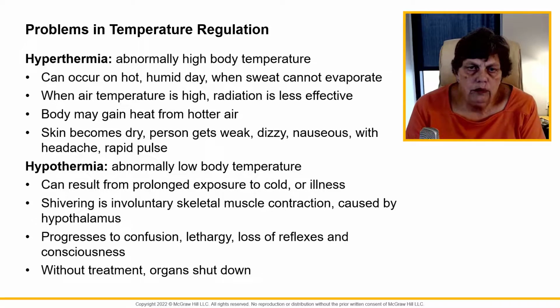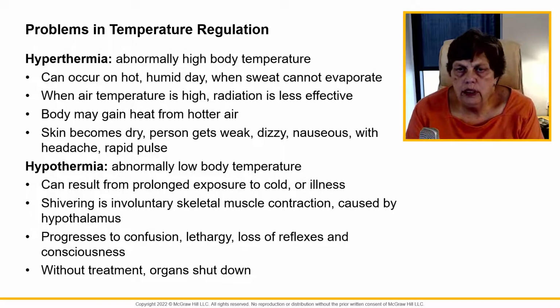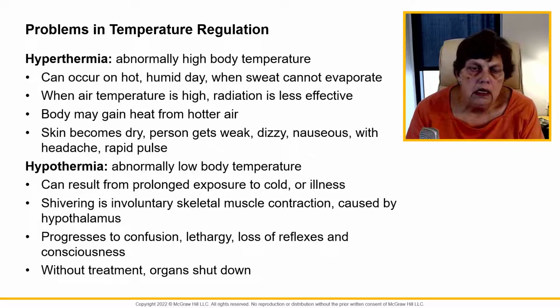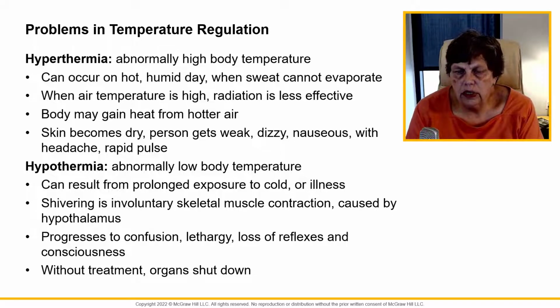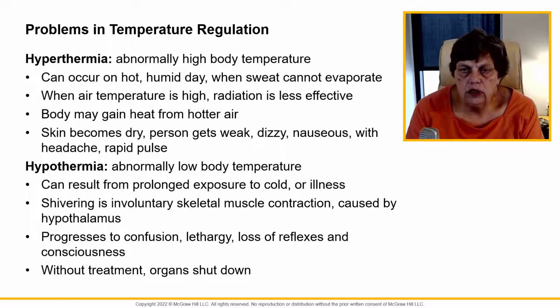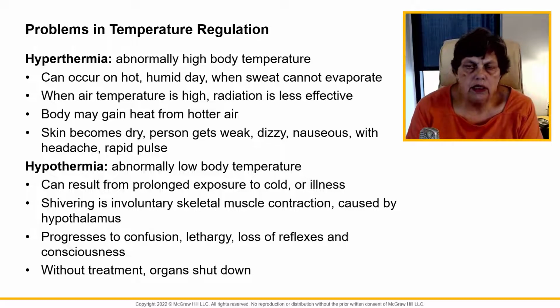Some of the problems that we run into: hyperthermia. This is when we have a really high body temperature, usually above 105. This can occur on a hot, humid day. You can have some serious heat exhaustion or heat stroke. Basically, you can't sweat too well because you can't evaporate.